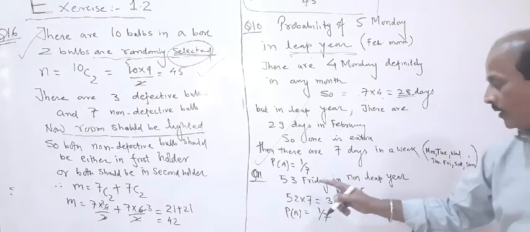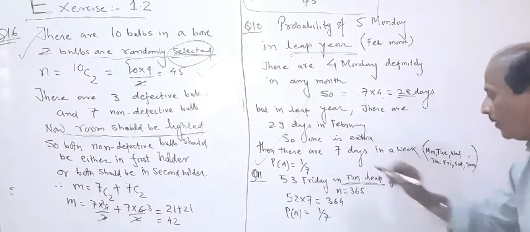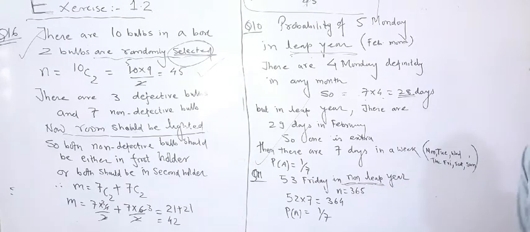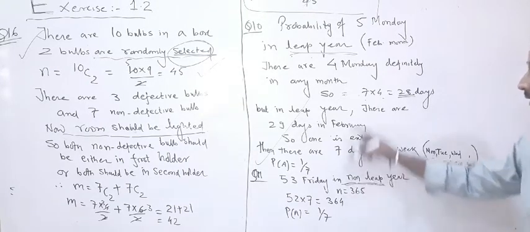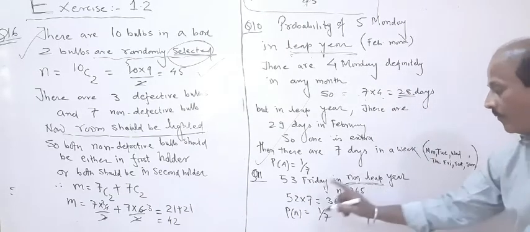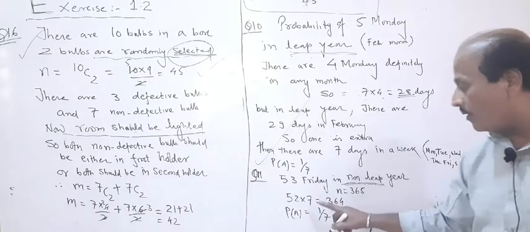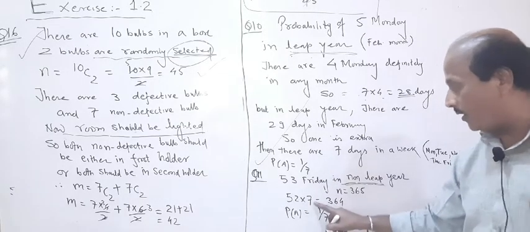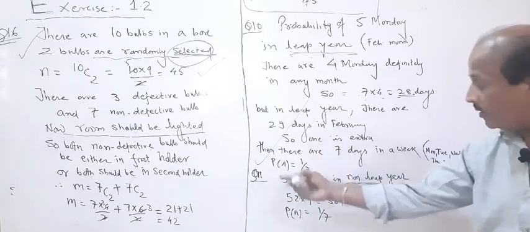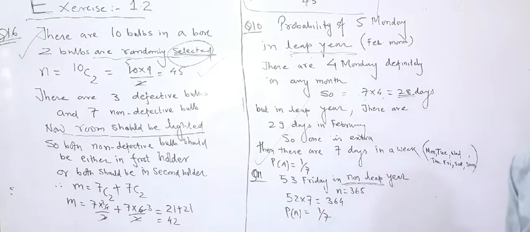What is the probability of 53 Fridays in a non-leap year? As soon as the words non-leap year come, immediately you write n is equal to 365. Then 52 into 7. Why am I doing so? Because in 1 week there are 7 days. So when you multiply 52 weeks into 7, you get 364 days.